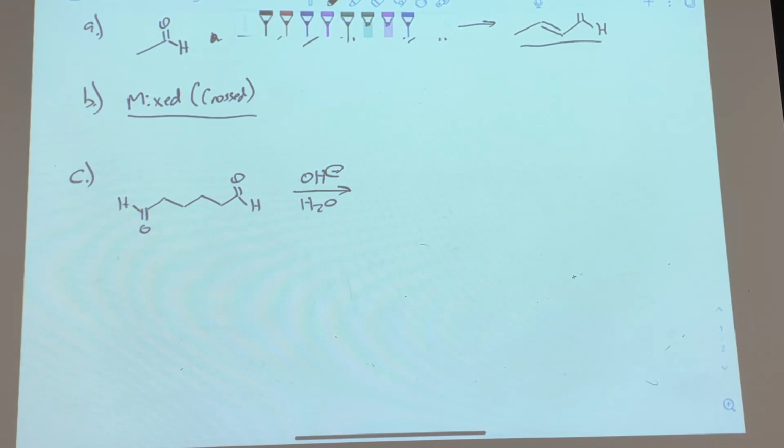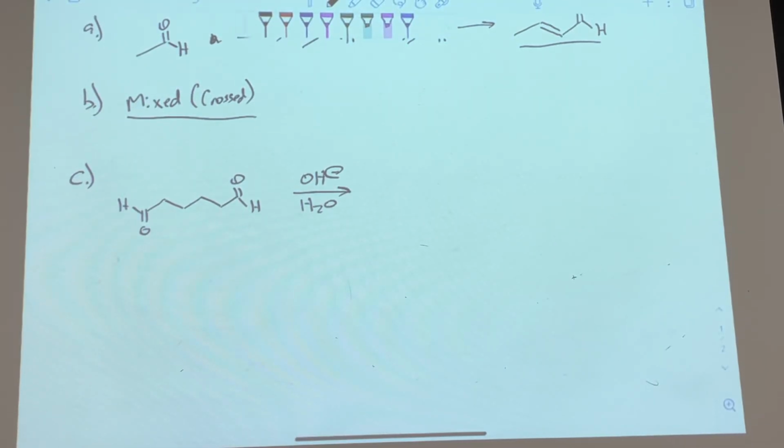What do you think we're setting up to do in this reaction? Exactly. We're setting this up because you've got two aldehydes here, and they're reasonably spaced, meaning they would give you a relatively strain-free ring.